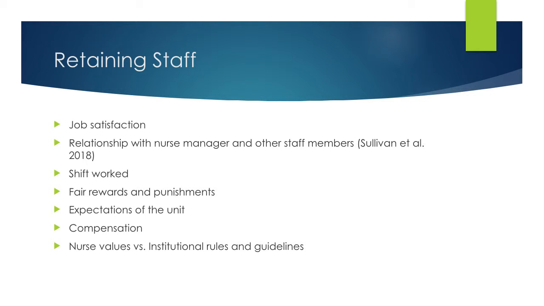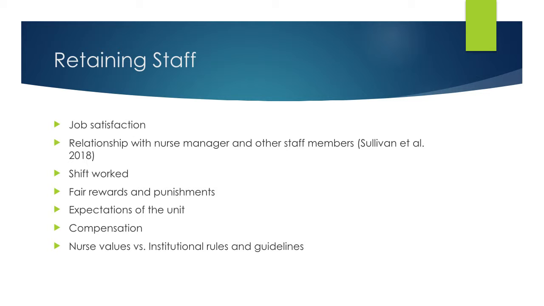Fair rewards and punishments. So basically, that everything is fair going on in the unit. That it's not one person being pointed out or everything's getting pinned on them. Expectations of the unit have to be clear and concise for everybody to move forward. Compensation also takes a big role in that.